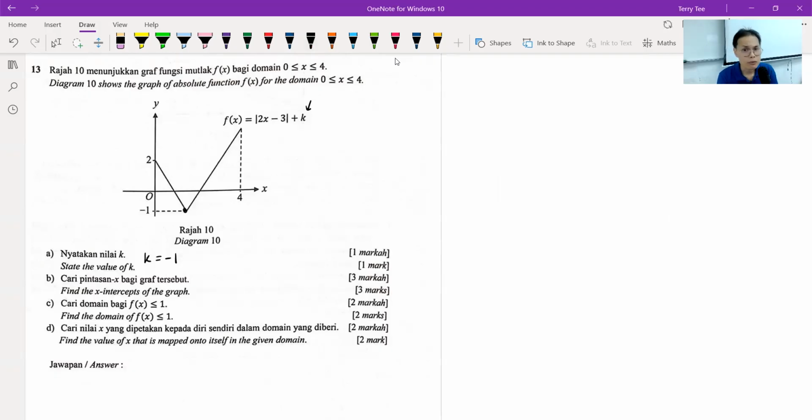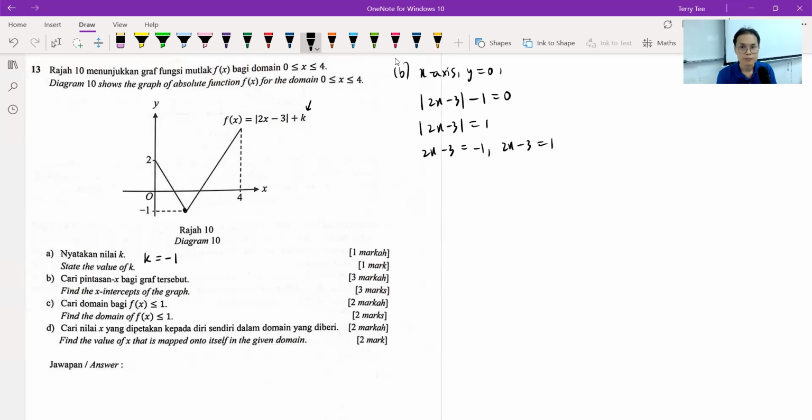Okay, how about finding the x-intercept? Okay, we know at x-axis, your y is 0. Let me write here, x-axis, your y is 0. Now that I know k is -1, so modulus of 2x minus 3, minus 1, we'll let it be 0. Bring this over to the right, you get 1. When you open up modulus, there's always a plus minus, so a -1 and a +1.